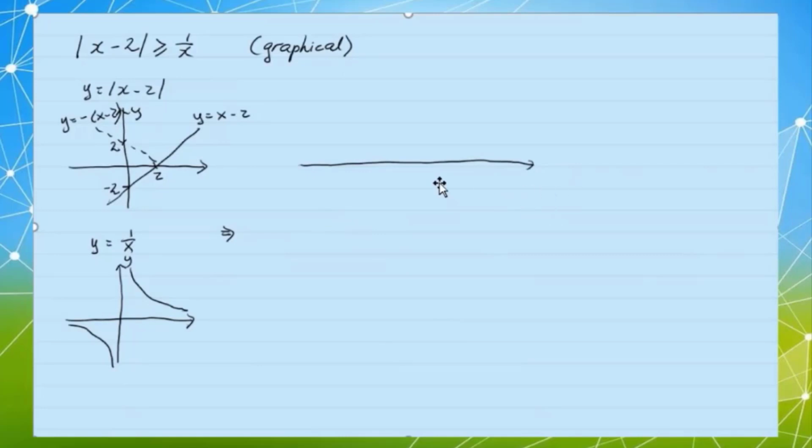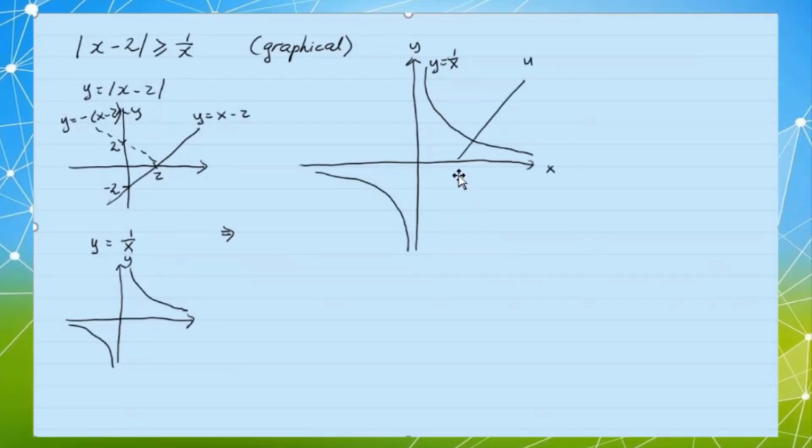So first we draw the x-axis, y-axis, and the graph y equals 1 over x. Then we label the graph. This is y equals 1 over x.